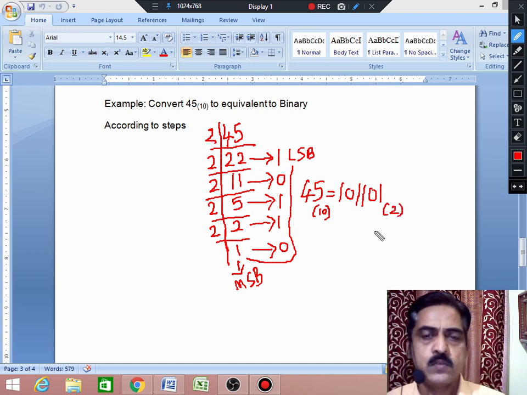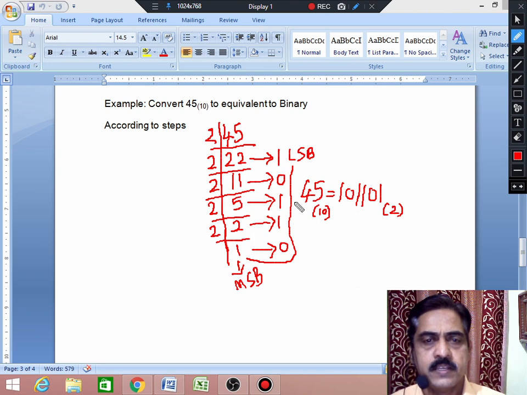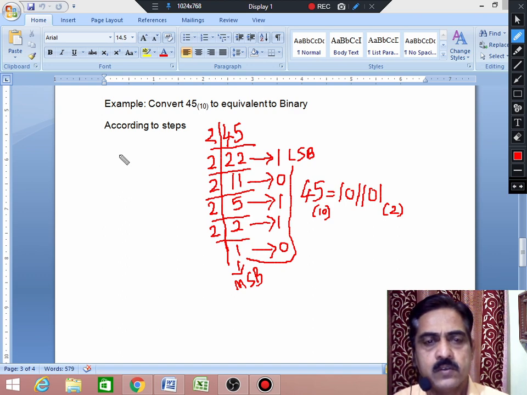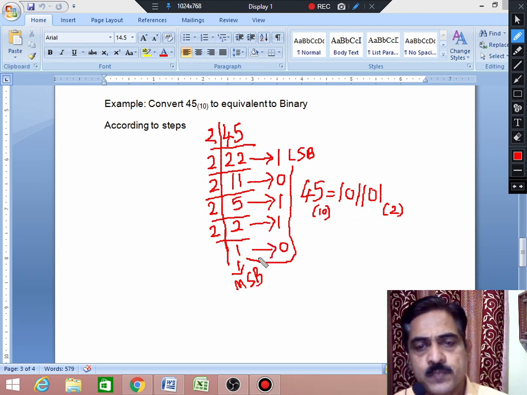So this is how we convert the decimal number 45 into binary. Okay, now just to have seen how a decimal number can be converted into binary.